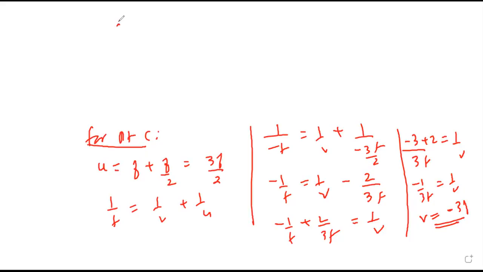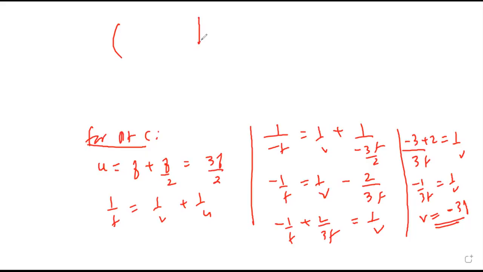So this is AB at f, and that is minus 3f point C. So which will be the correct option there?